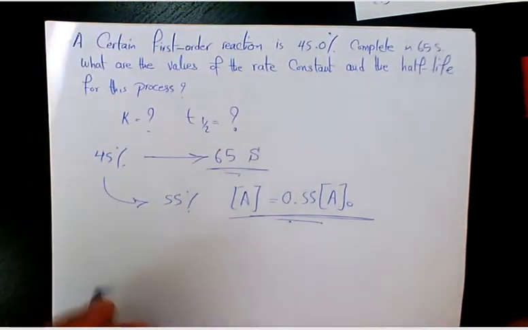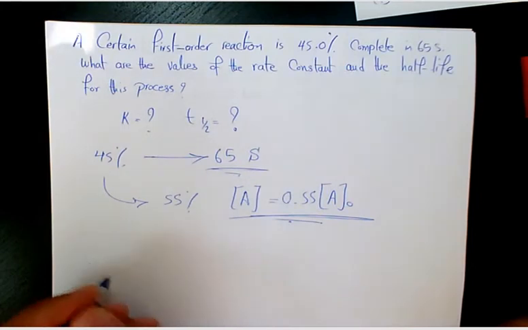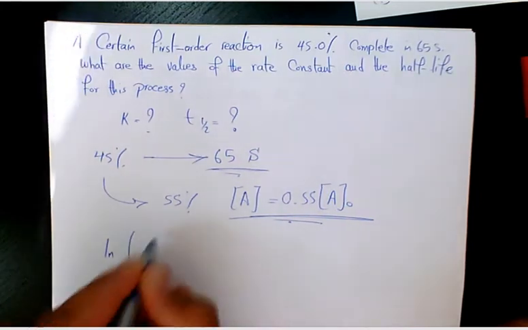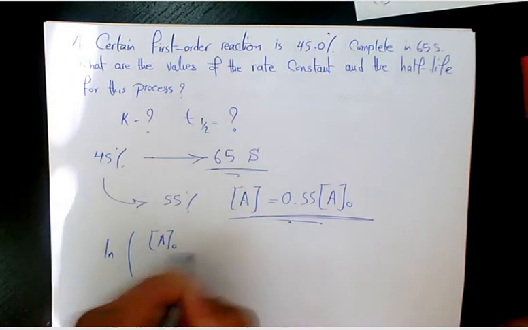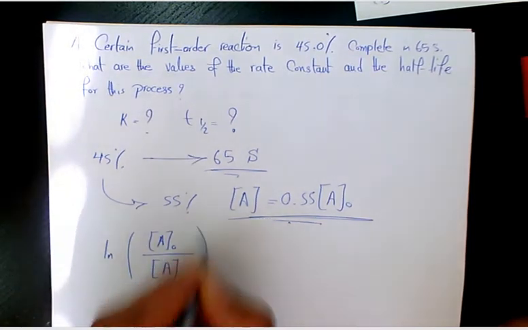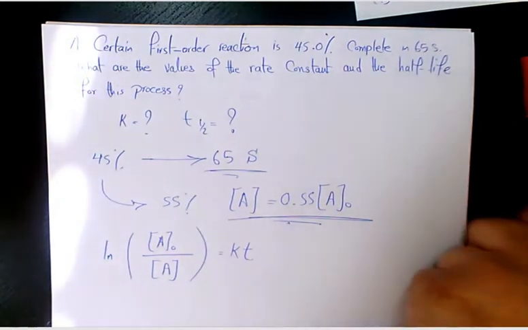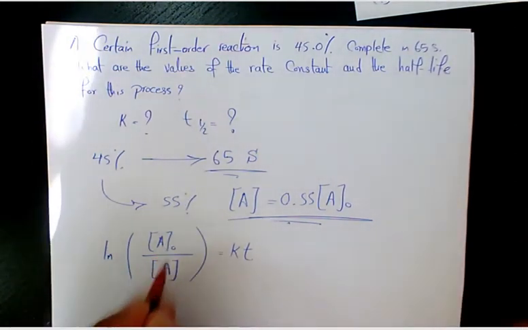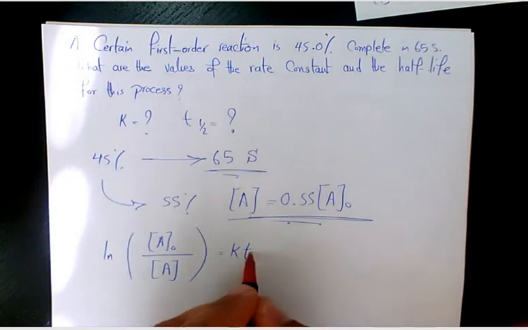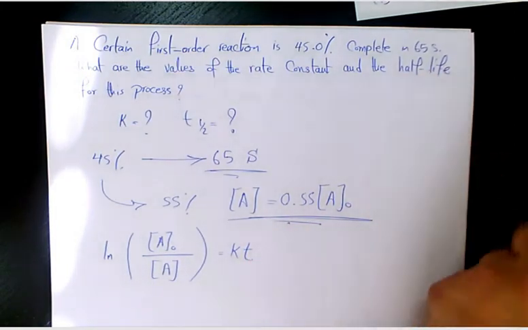Now if we substitute it in the formula, we have ln A naught over A equals kt, as we have seen many times. We know the relationship between these two, and the t is given, which is 65 seconds.